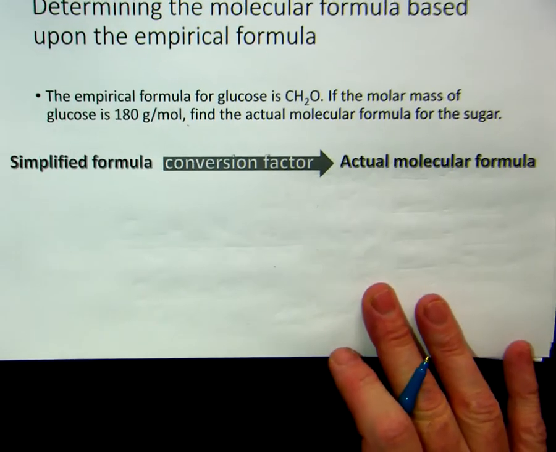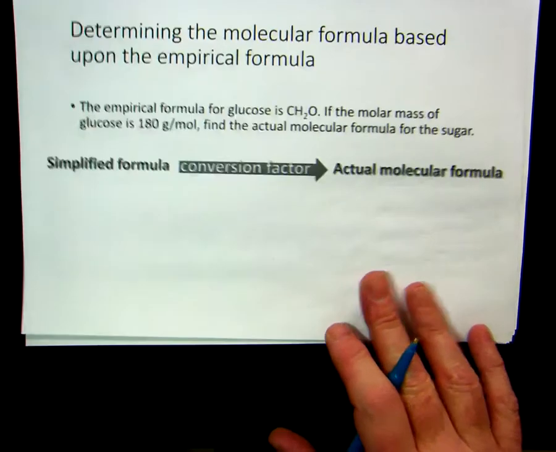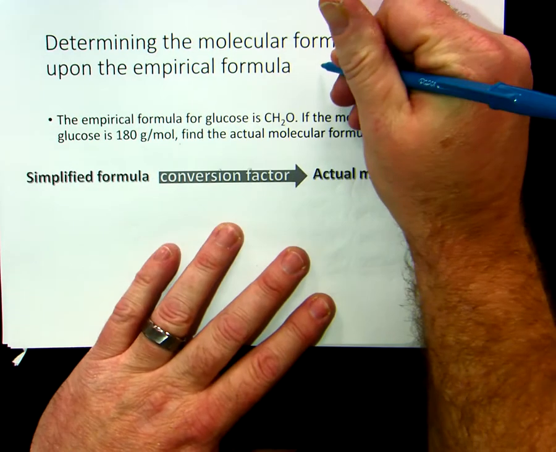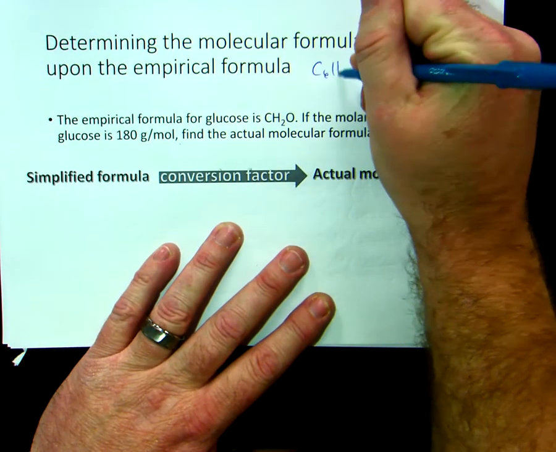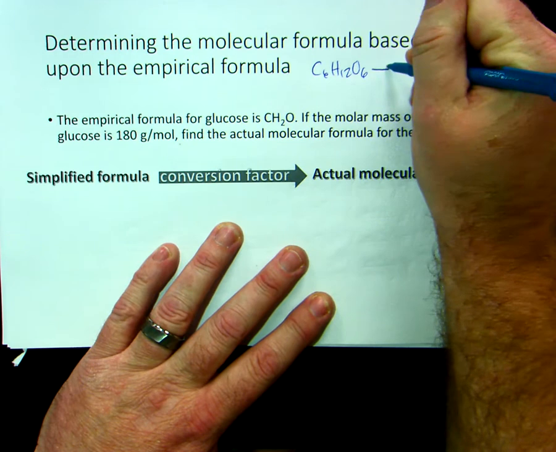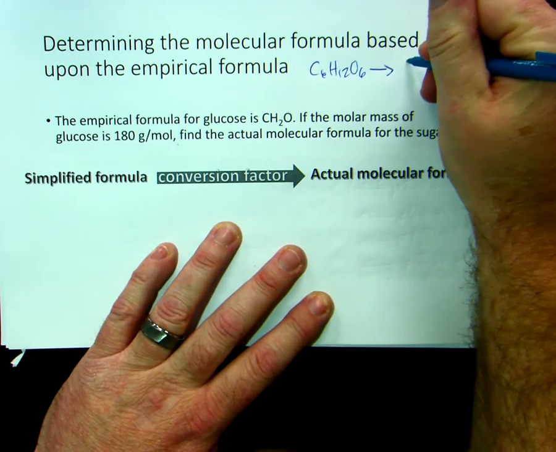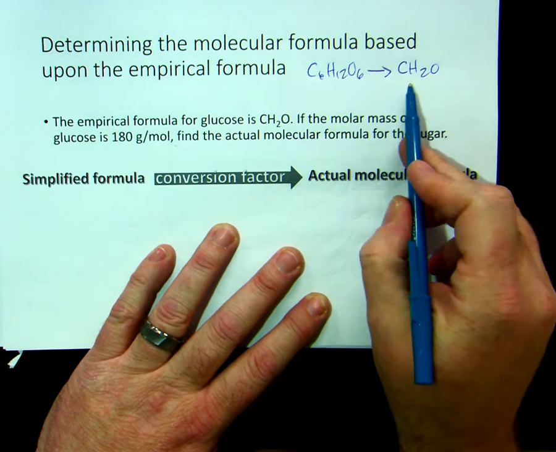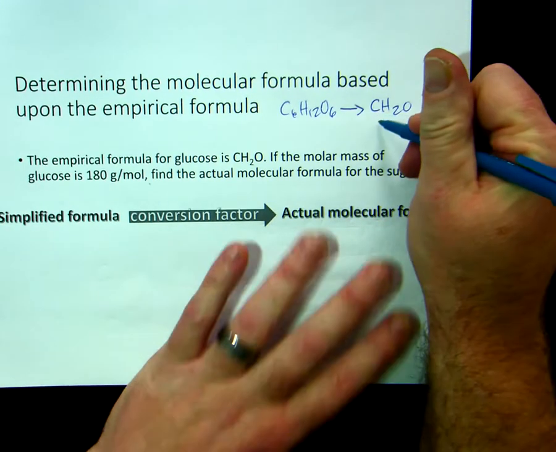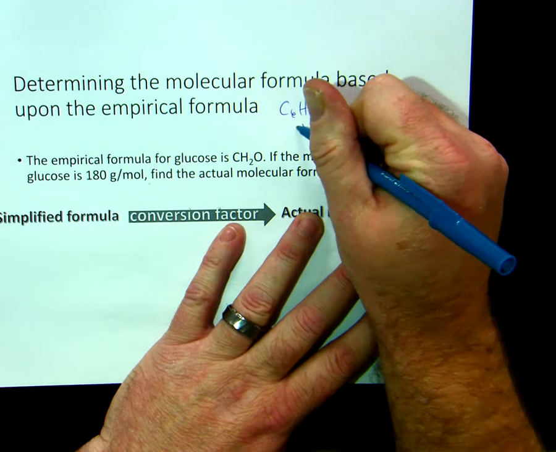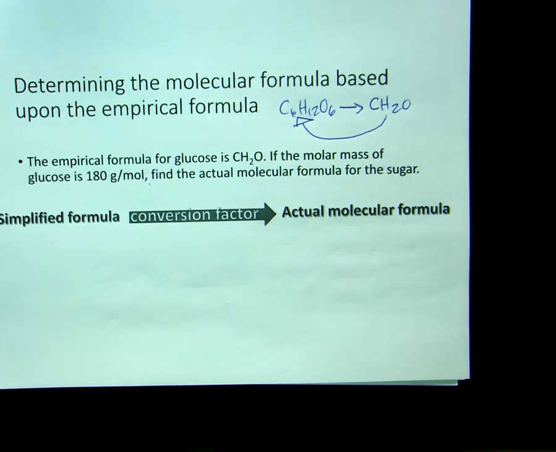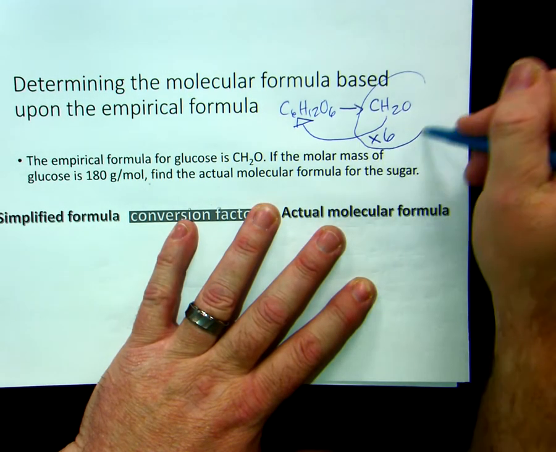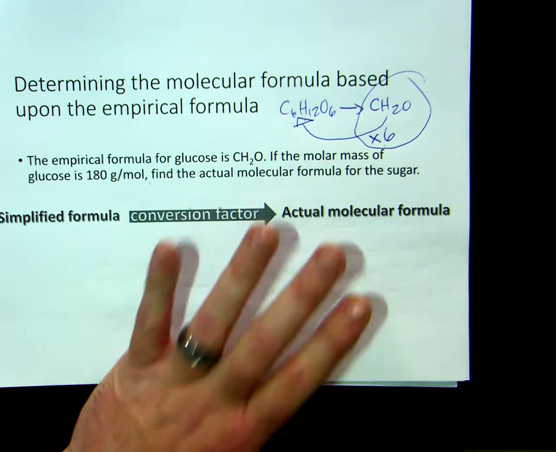Remember a little while ago, maybe about 10 minutes ago, it might seem like a year ago, I said you might have a molecule like C6H12O6, and you could say, all right, I know its empirical formula would just be CH2O. But what if you determined the empirical formula and wanted to go back to figure out what the actual molecular formula was? How would you know that you needed to multiply this by 6 to get it back to its formula?